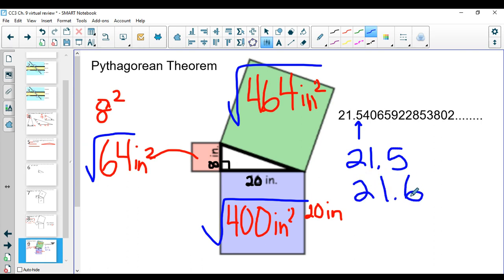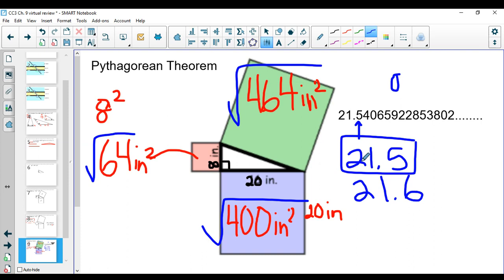People did much better on the test with their rounding, but we still want to kind of review this. If this number here is 5 or larger, then we're going to round it up. If it's less than 5, then we're just going to cut that off. In this case, our answer would be 21.5.